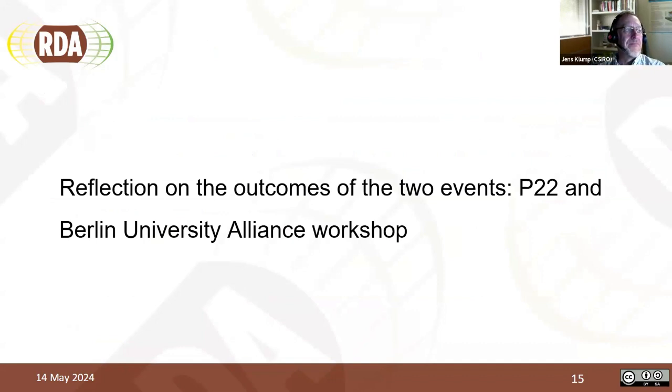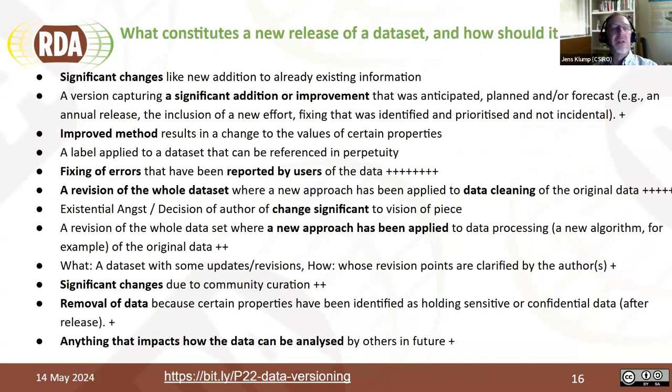So we wanted to briefly reflect on two events, the previous plenary and the Berlin University Alliance workshop. At the previous plenary, we asked the participants to add their questions and statements to an online document, and that gave us a lot of material to work with towards actionable recommendations.